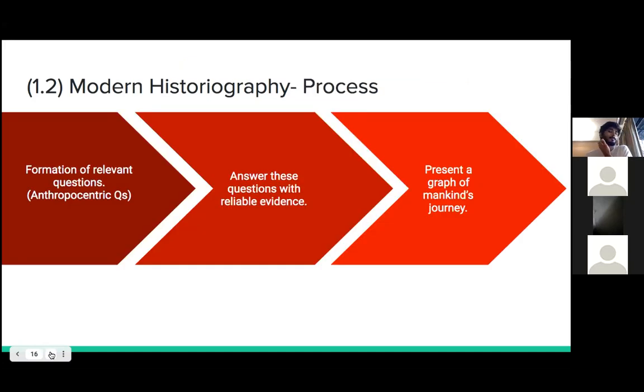And so the process kind of becomes like this, right? So formation of relevant questions, they are anthropocentric questions. Then we answer these questions with reliable evidence. And then we present a graph of mankind's journey through our writing of history. So that's the idea. If that's clear to everyone, just say yes, and then I'll move on.